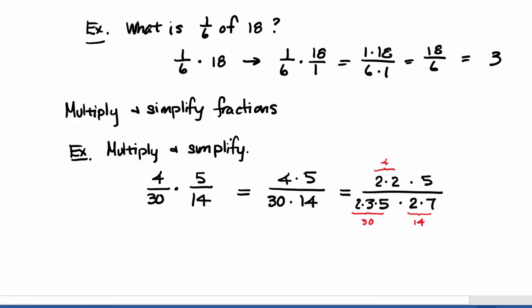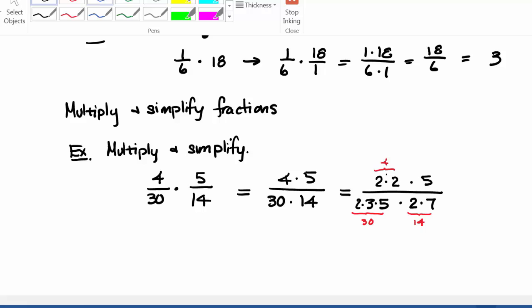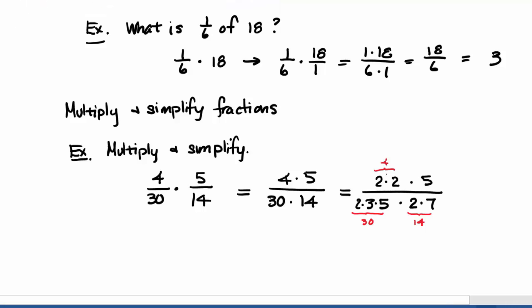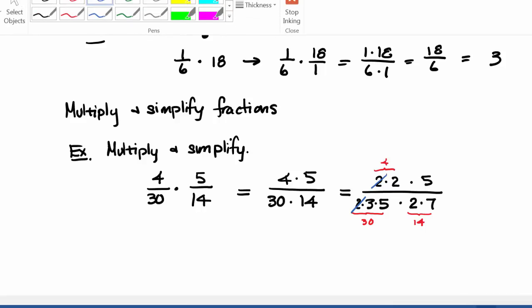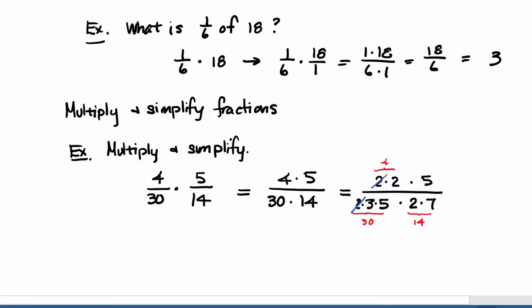Okay, so now since it's all multiplication in the numerator and all multiplication in the denominator, if I see a factor that occurs in both the numerator and the denominator, it's 1 for 1, right? So I have a 2 here, and I'll have a 2 down there. I have another 2 here and a 2 here, so I can cancel those out.